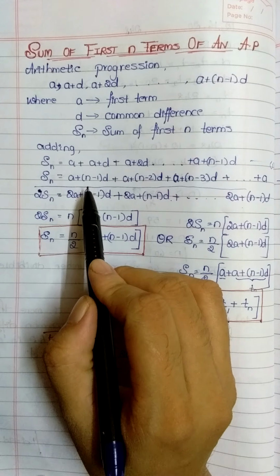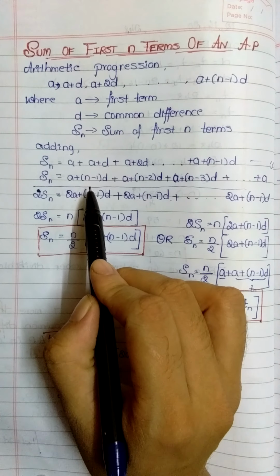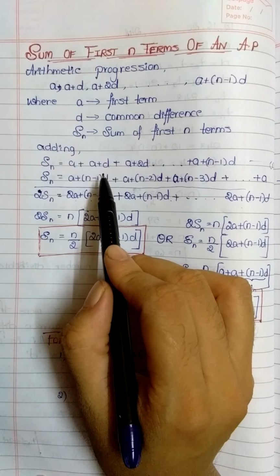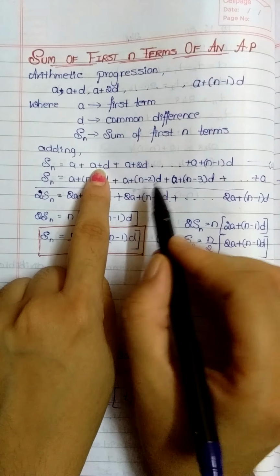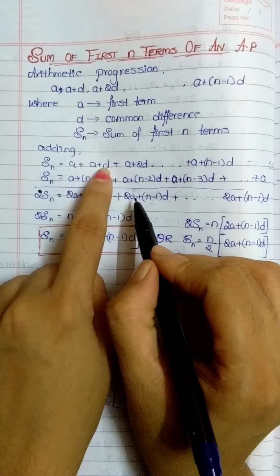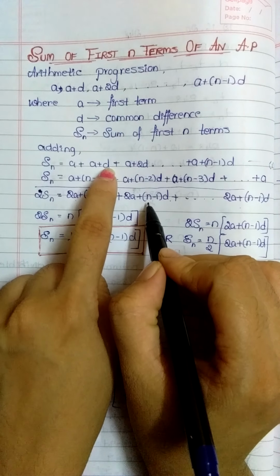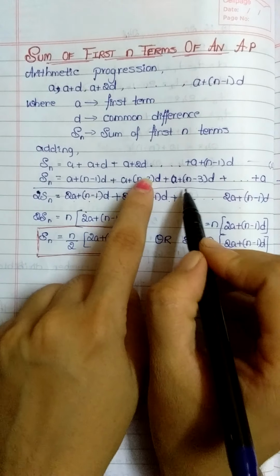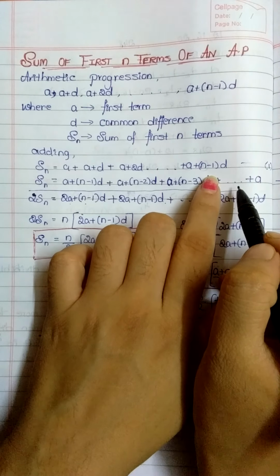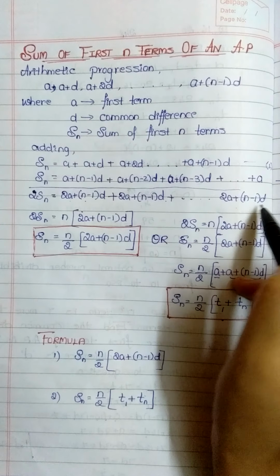Similarly, a plus n minus 1 into d, it gives a plus a, 2a, and the remaining n minus 1 into d. Similarly for these two, a plus d and a plus n minus 2d: a and a is 2a, 1d and n minus 2d, minus 2 and 1 gives minus 1, so n minus 1 into d. Similarly, at the last, a plus n minus 1 into d and a gives 2a, n minus 1 into d.